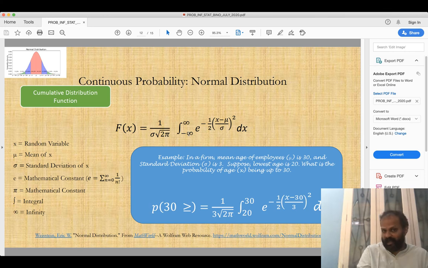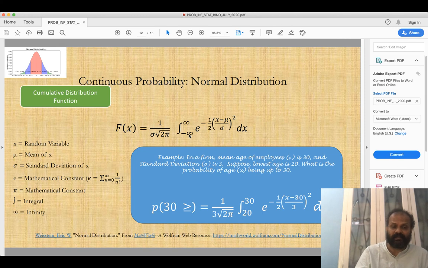That's factored out. Then the summing, there's a continuous summing, which is called integral, which takes a range from minus infinity to positive infinity. E raised to half x minus mu upon sigma squared, all squared, and multiplied by change in x, dx.